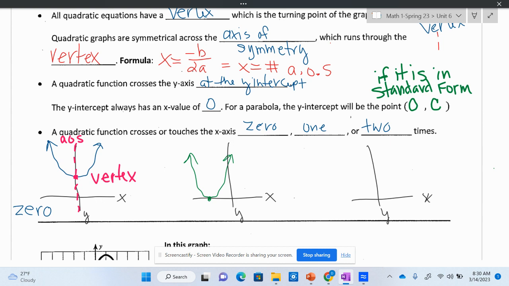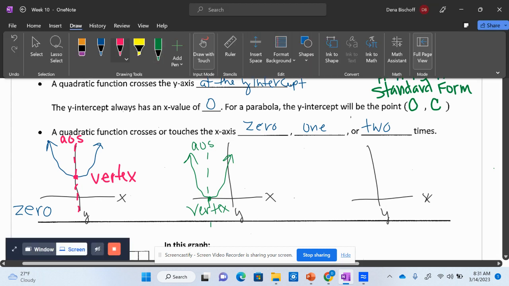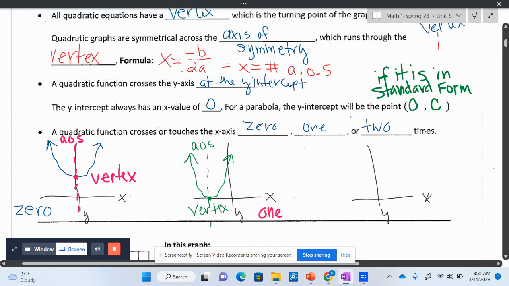Again, that little green dot is my vertex, and this dashed line right here would be my axis of symmetry. So this was one time, right? I'm going to put one time right here.